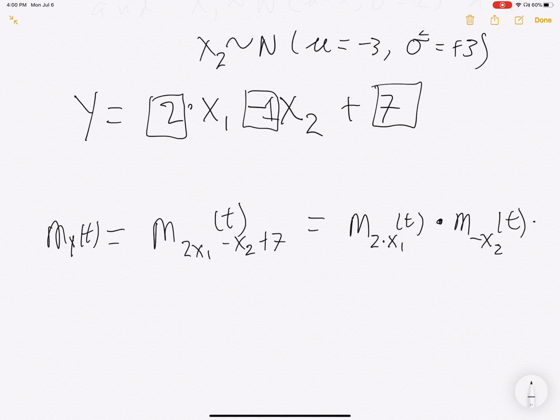Then for the 7 here, if we look at Theorem 7.3.3, this becomes e to the 7t.